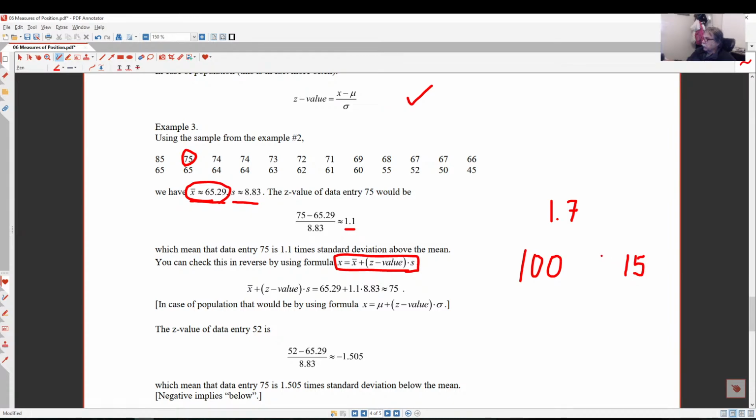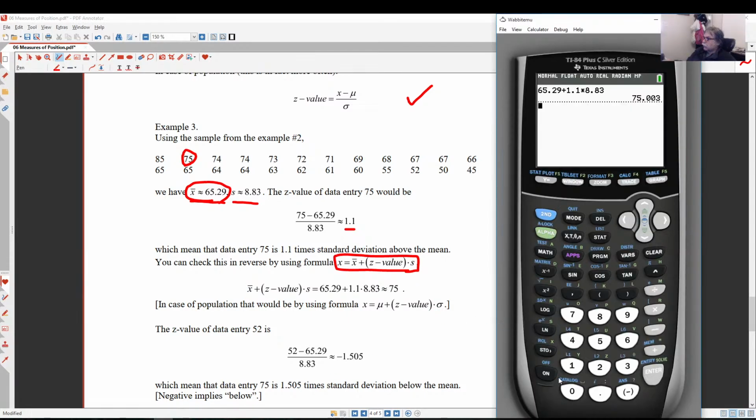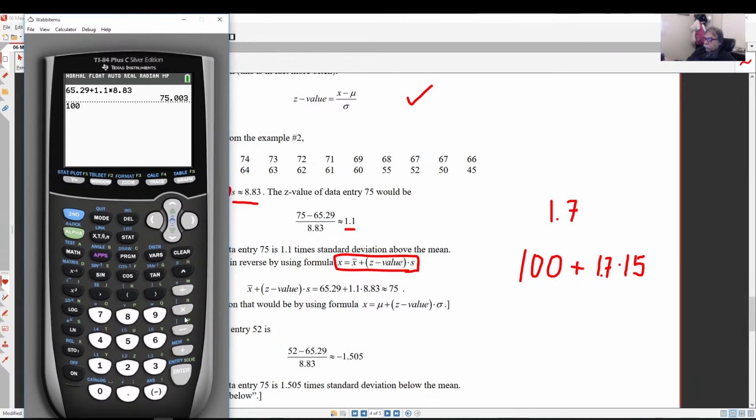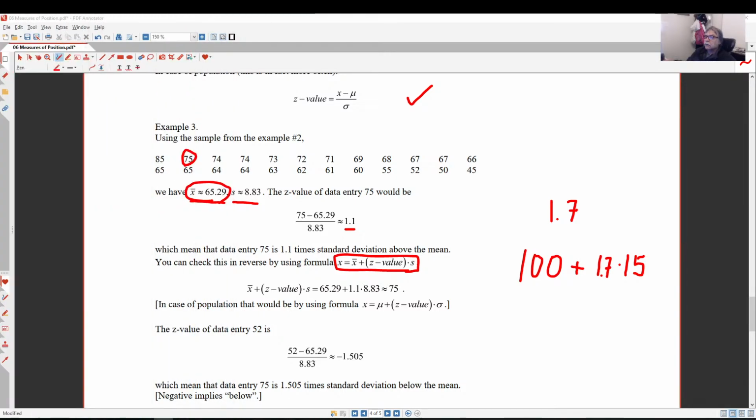So you multiply the z-score times the standard deviation and add that to the mean. 100 plus 1.7 times 15, we get 125.5. It's usually not reported as a decimal, so it would probably be rounded to 126.